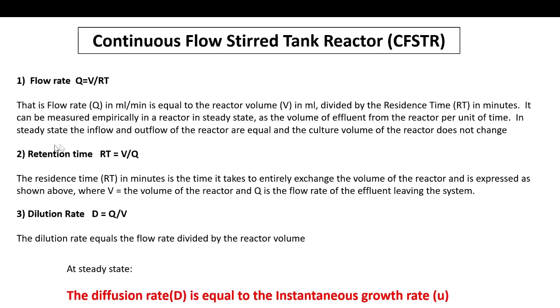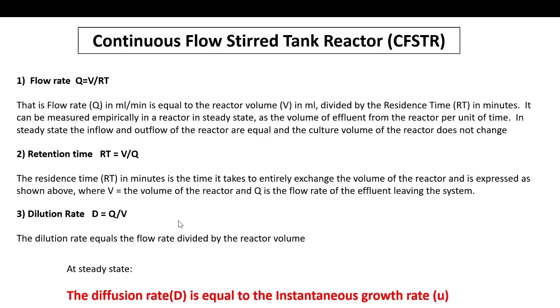Then what is this retention time, or residence time? The retention time is sometimes called the residence time. This is given by the formula V, the volume of the tank, divided by the flow rate that we have just talked about. The residence time in minutes is the time it takes to entirely exchange the volume of the reactor.